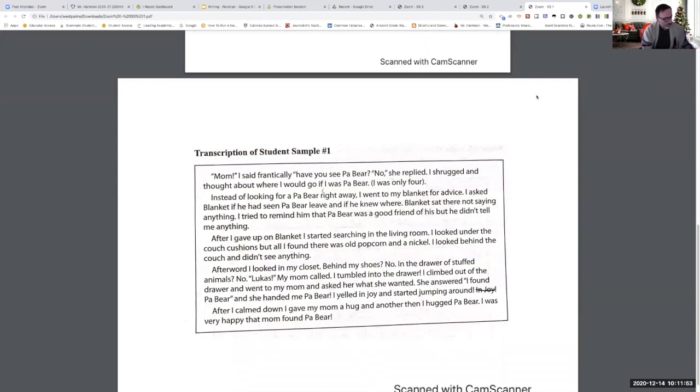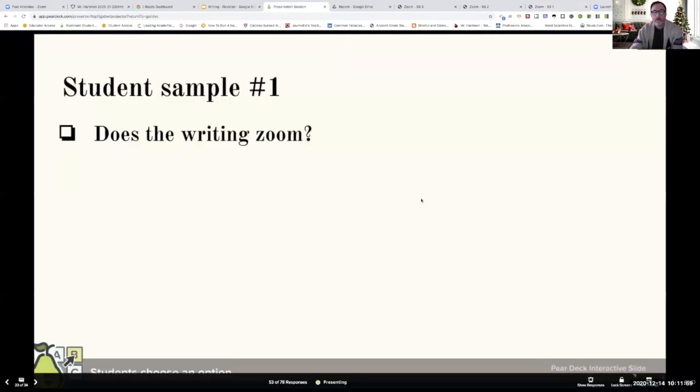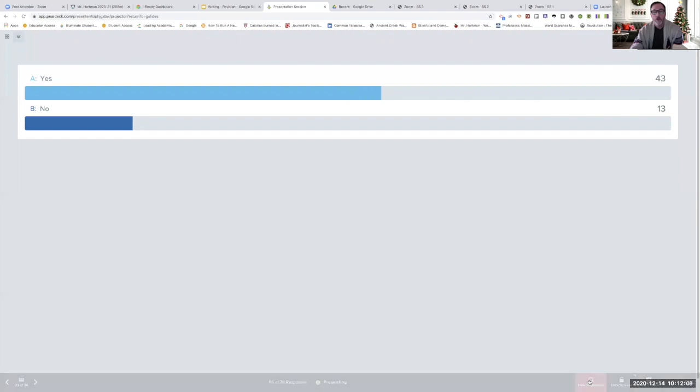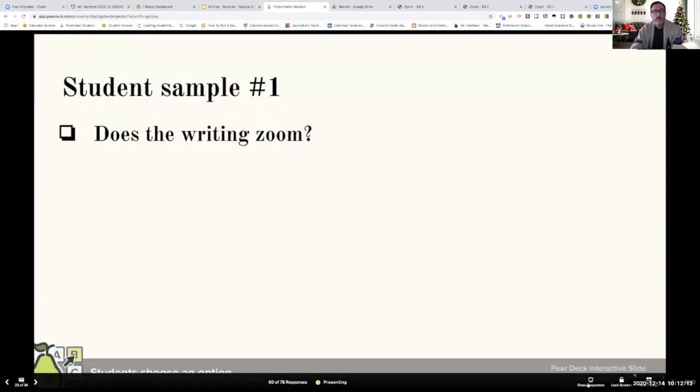At this point, you are just telling me whether or not this writing does in fact zoom. And those of you who answered yes are correct. It does in fact zoom. So moving on to the next question.